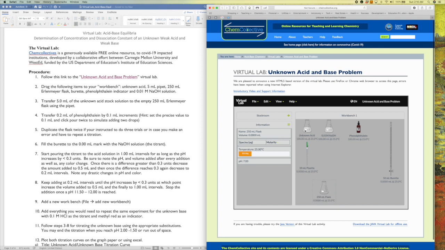Notice that my stock solution has 100 milliliters of solution in the flask right now. The way I'm going to use the pipette to transfer is I'm going to drag the pipette and hover it over the flask, my stock solution of unknown acid, and let it go.